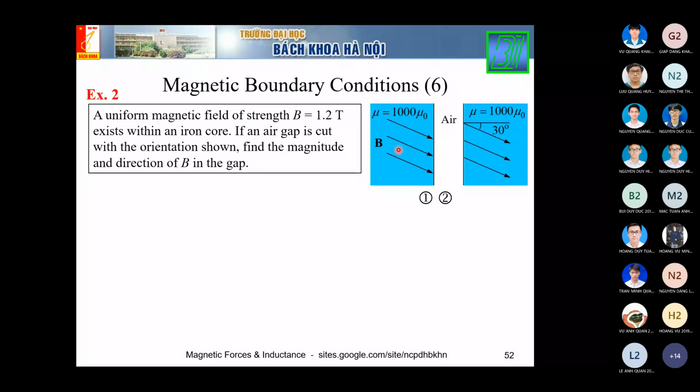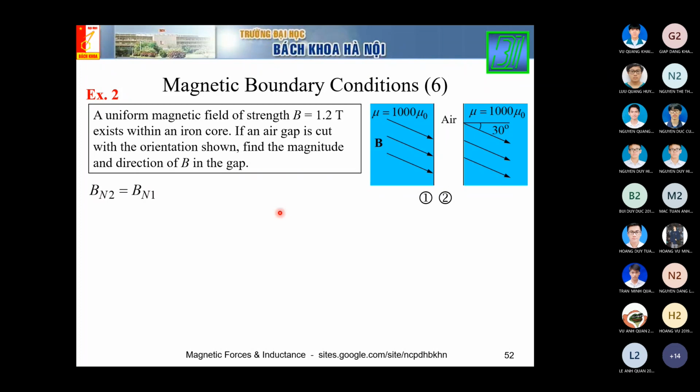And in the reason number 1 here, we are given a uniform field. The direction and the magnitude of this field is constant. And please notice that the field in this region is very strong. It is about 1.2 Tesla. Now we have to find the field in the air, in the free space.